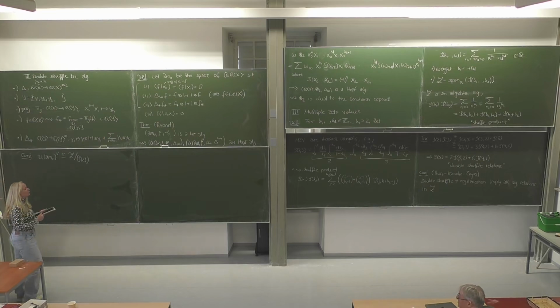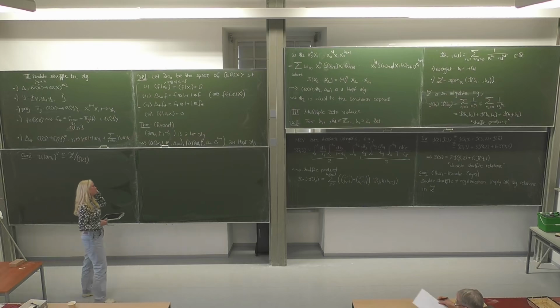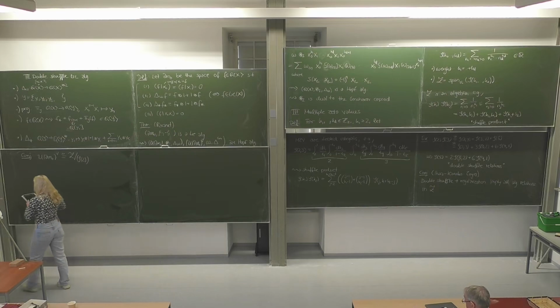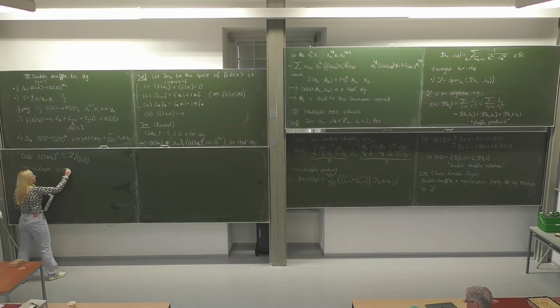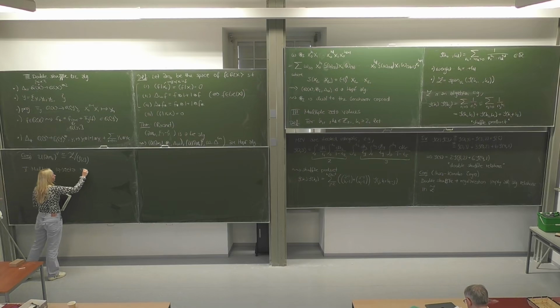So for the last part of my talk, I want to explain this additional Q I had in my title. So the last part will be about multiple Q zeta values.